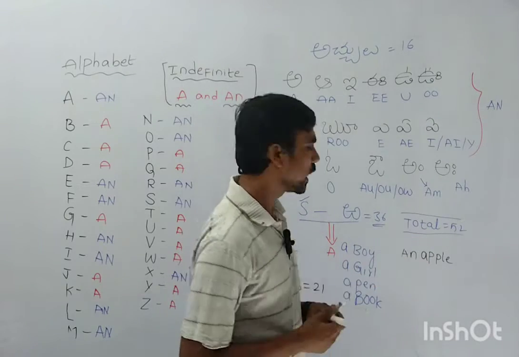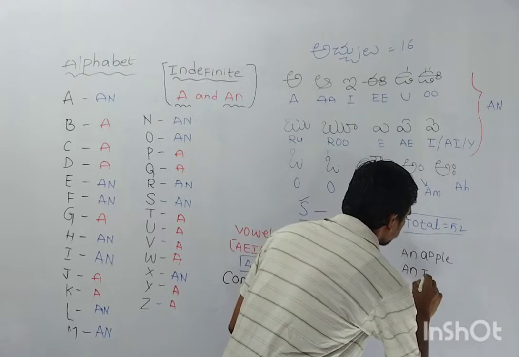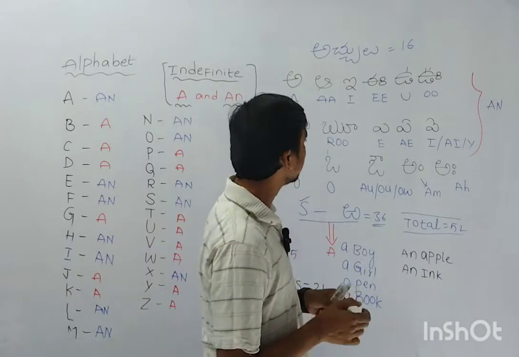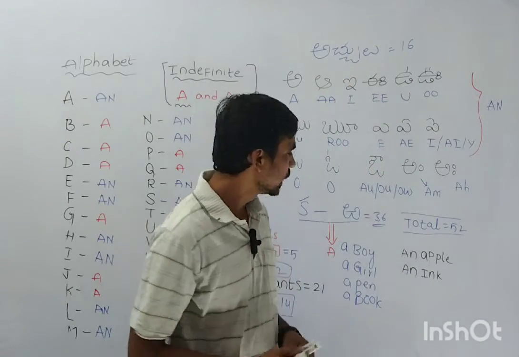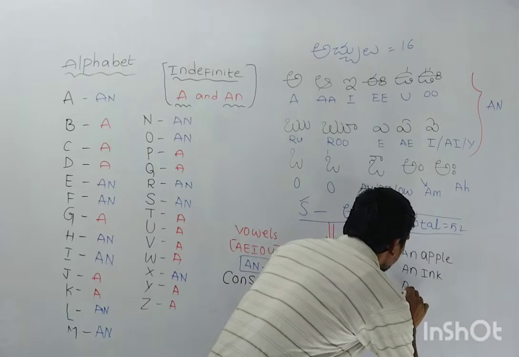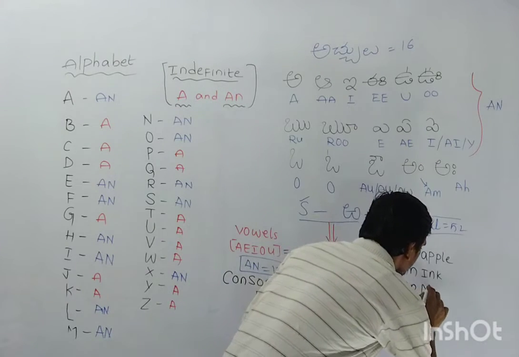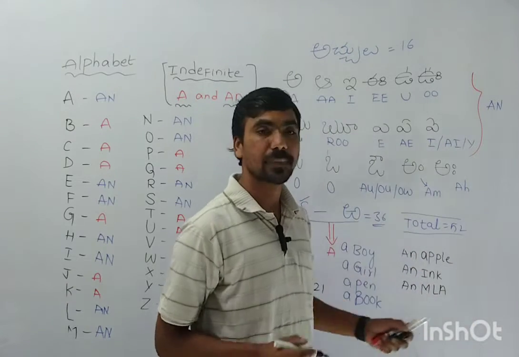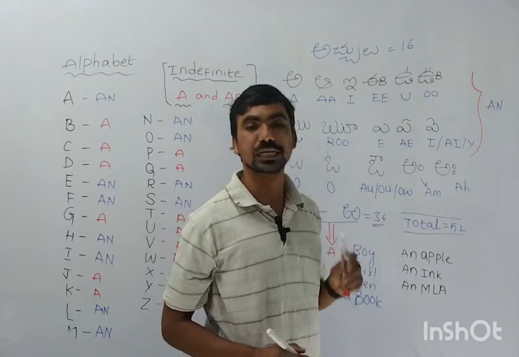Then any more: ink, an ink, because there is an i sound. So I wrote an ink. You can simply write an MLA; the M has an e-m sound, an MLA.